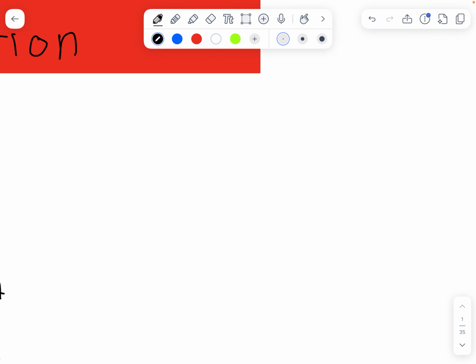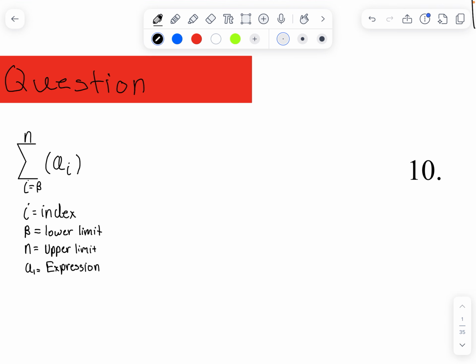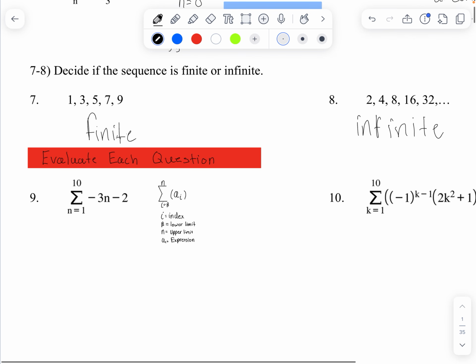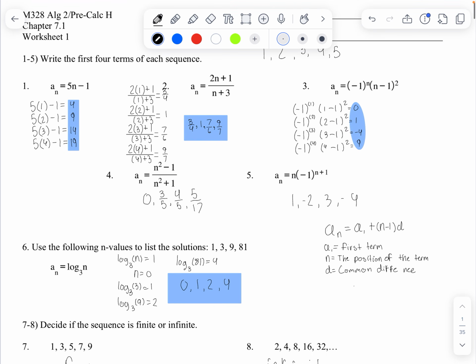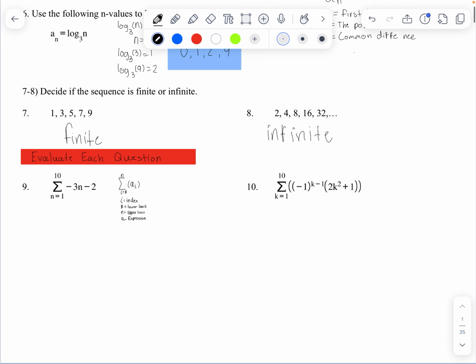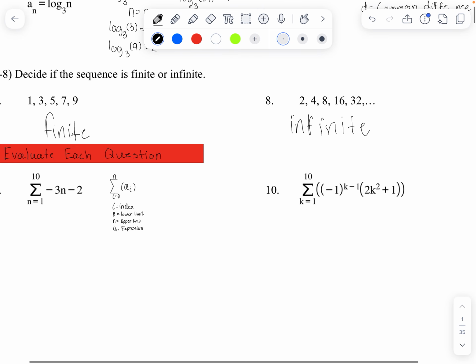So there are two types of sequences: arithmetic sequences and geometric sequences. I already did a video on arithmetic sequences. If you want to learn more about them, you can check out that video on my channel. But I haven't done geometric sequences. I'm probably going to do that tomorrow.